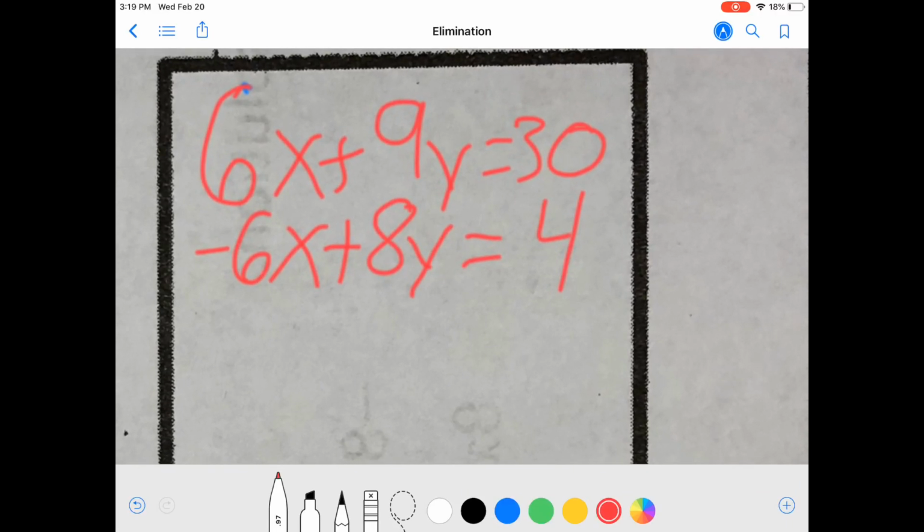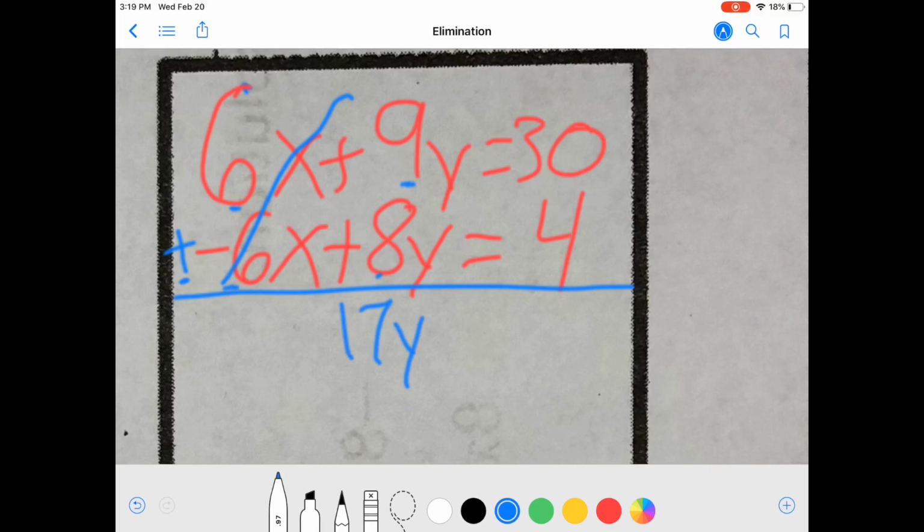So because we have inverse, we are going to add. We've got negative 6 plus 6, so these cancel out. Got 9 plus 8, which is 17y, equals 30 plus 4, which gives you 34.